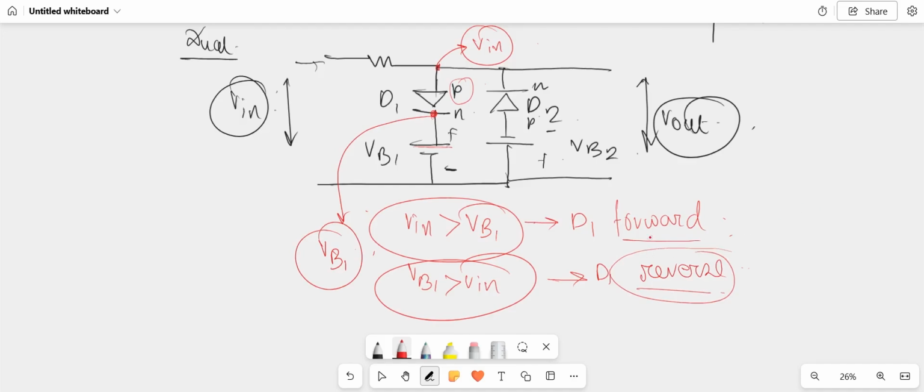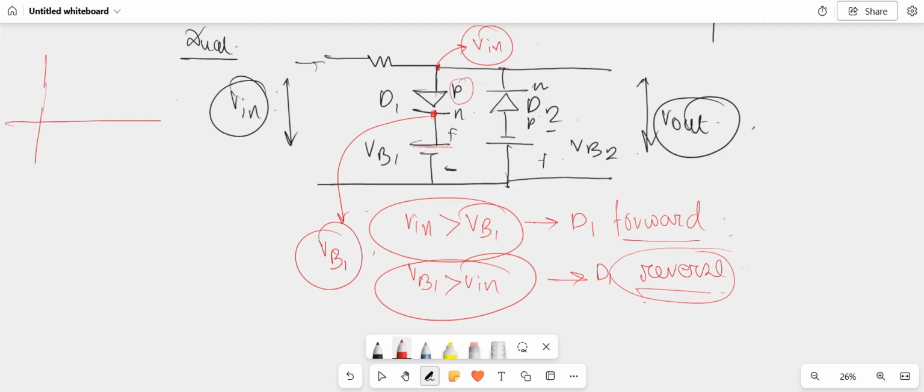And as we have seen from the parallel clipper, when the diode becomes reverse biased, we will be getting the output voltage. So suppose I am defining the positive bias voltage here, V of B1, somewhere in the upper portion.